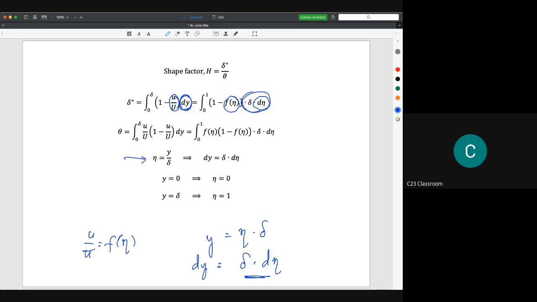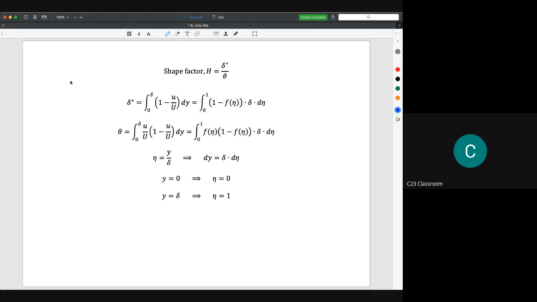Again, I would like to remind you that you could solve boundary layer problems by using y over delta or u over U, or you could change it into terms of eta. If you use the parameter eta, you need to change the equations for delta star and also theta.